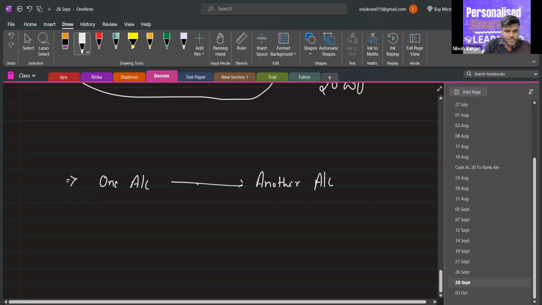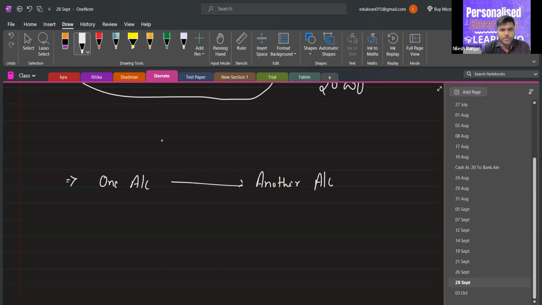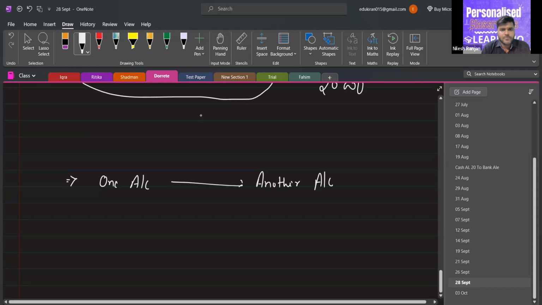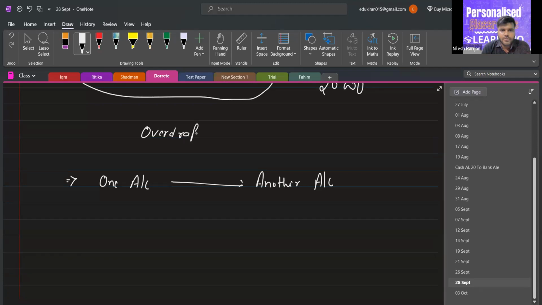Okay. So the balance of cash book is given in beginning or passbook? Cash book is given. Overdraft as per cash book.